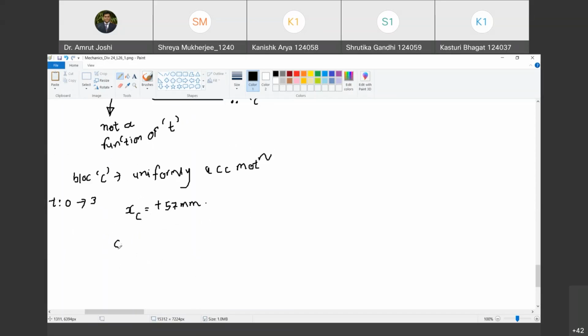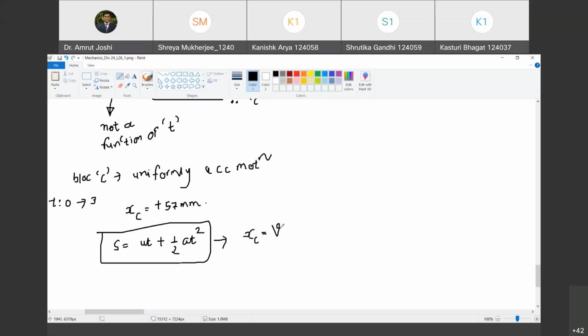Can we use the formula S is equal to ut plus half at square? Yes, sir. Are you with me? So let us translate this formula into our notation here. What is S here? XC. Happy? Yes, sir.